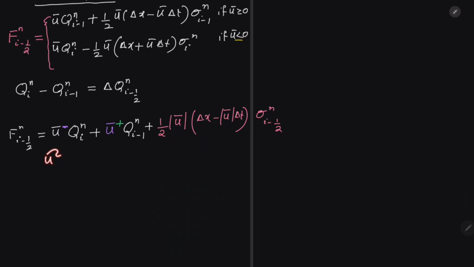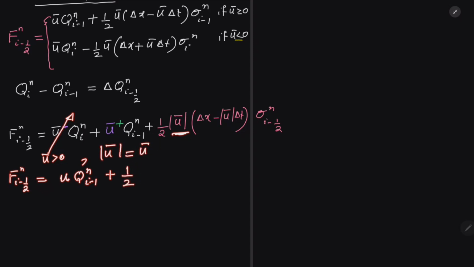Suppose u bar is greater than 0. Then u plus will be equal to u bar, and u bar negative will be equal to 0. So we have fn I minus 1/2 is equal to, and the negative part will be 0 when u bar is greater than 0. This becomes u bar Qn I minus 1 plus, since u bar is greater than 0, u bar mod will be equal to u bar.